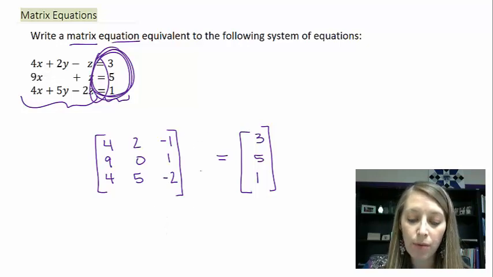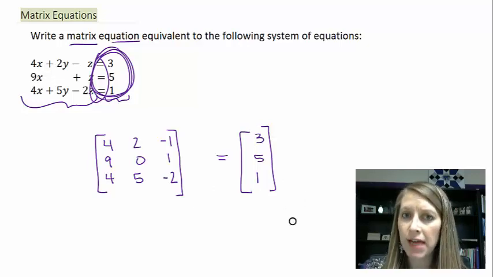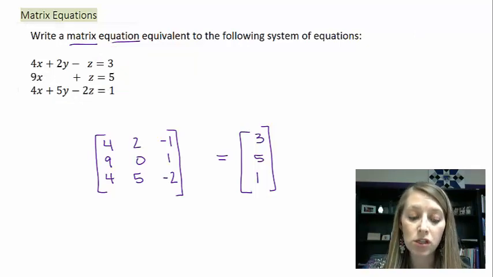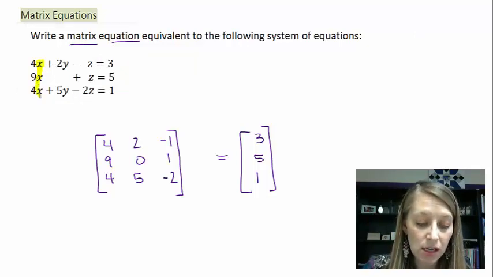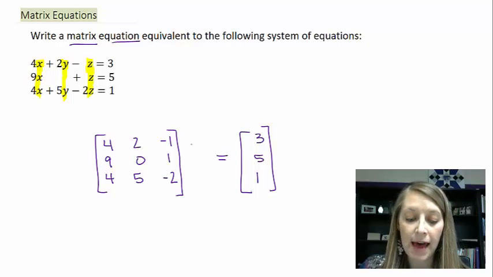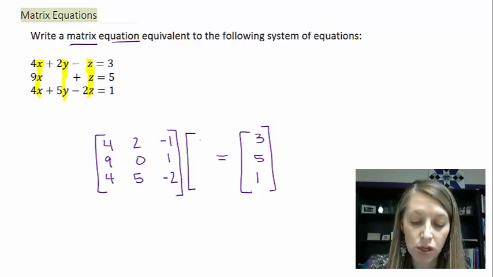I need to multiply them by something to get my answers here on the right. The only thing that I've left out at this point is my variables. And notice my variables are set for each equation: x's here, y's here, and z's here. So I can summarize that with a column matrix: an X, a Y, and a Z.